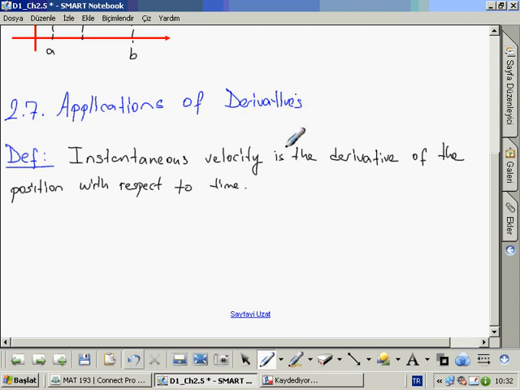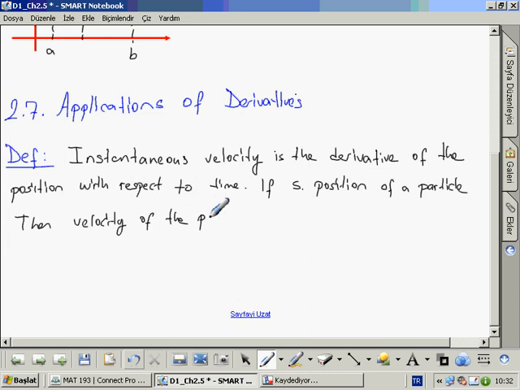If S is the position of a particle, then the velocity of the particle, S equals S of t, that means with respect to time.